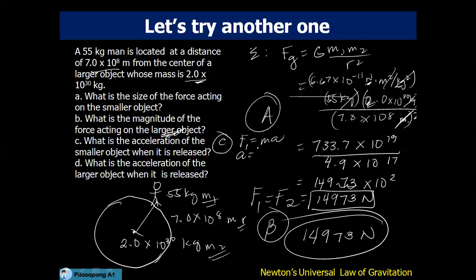So a equals F over m. So what is the force? 14,973 divided by the mass of the object, that is 55. We get an answer of 272 meters per second squared.